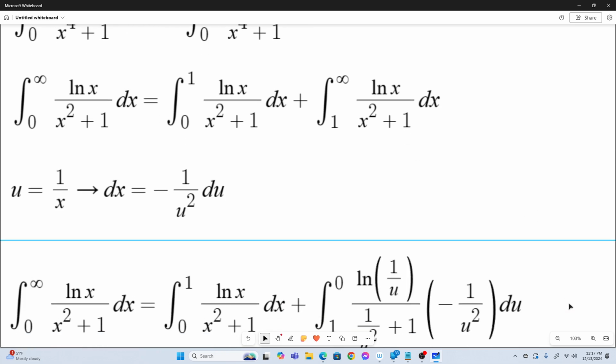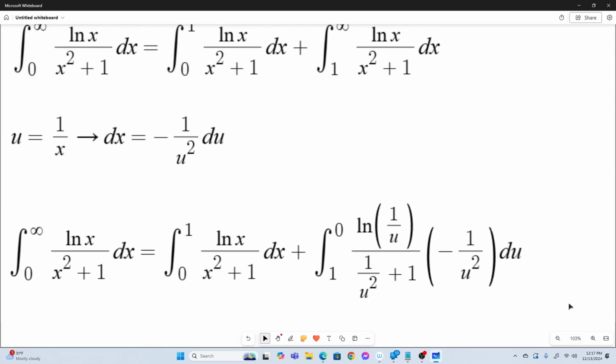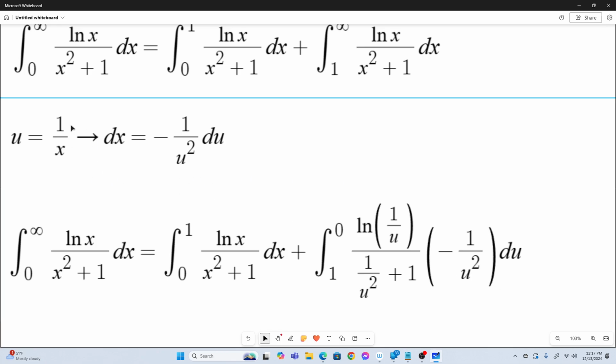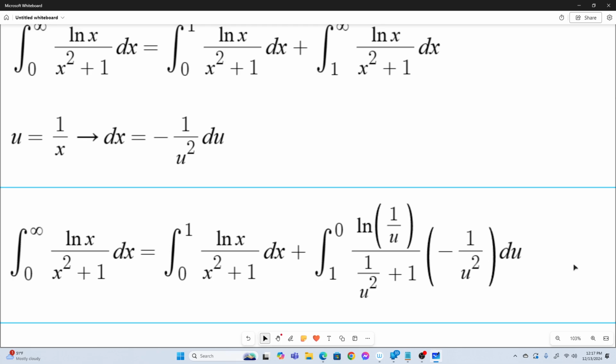Applying the substitution gives us this. All I did is I literally just plugged in x is equal to 1 over u into this integral right here to get this. And then, of course, I replace dx with its corresponding representation in the u world.